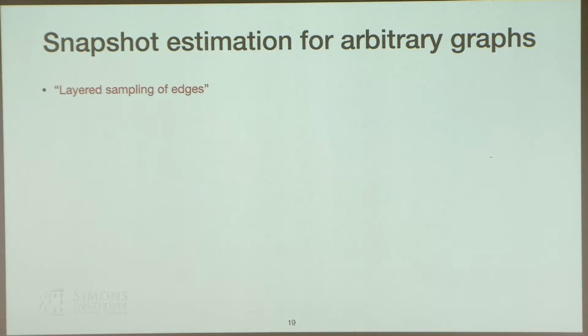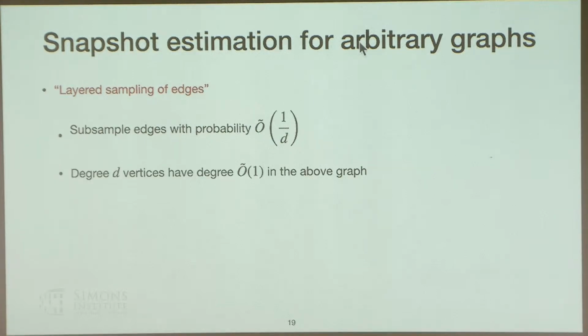We actually do a layered sampling of edges, and after that, do the sampling of vertices. So what is the sampling of edges? You just roughly subsample edges with probability, let's say, 1 over d. And observe that if your vertex has degree d, once you do this, these vertices will be roughly of constant degree.